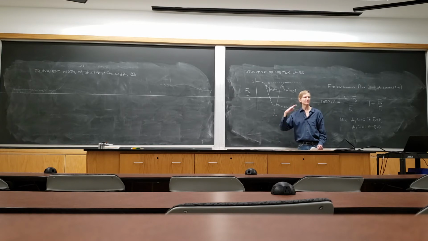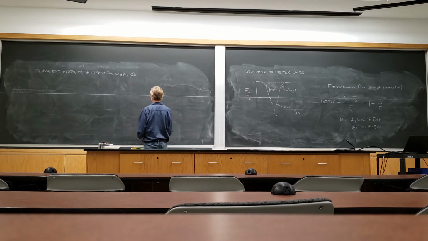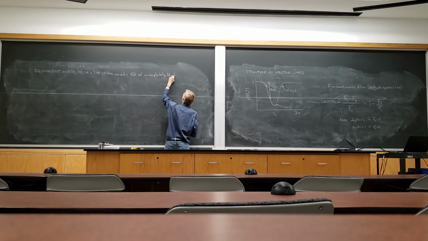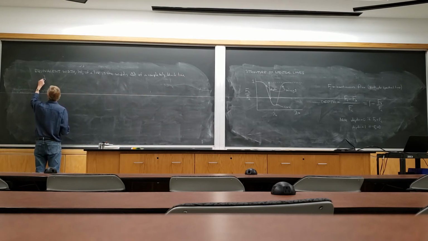It's just that you're getting less light at the wavelength of the spectral line. W is the width delta lambda of a completely black line which has the same area under the curve as the actual spectral line.